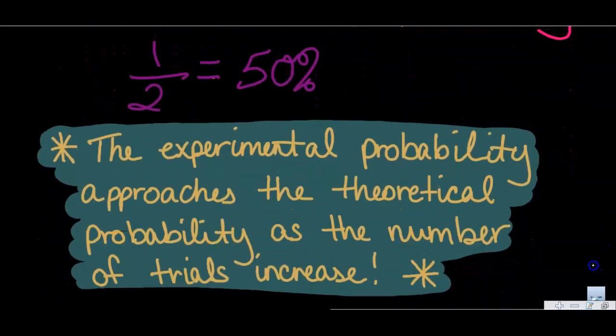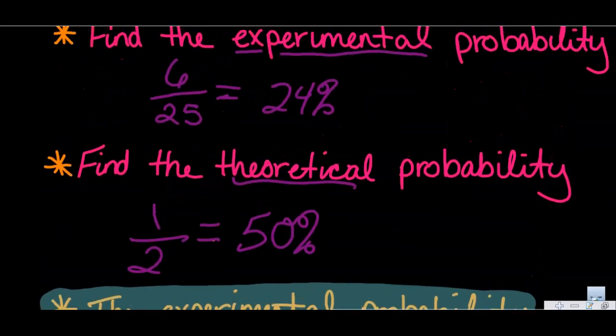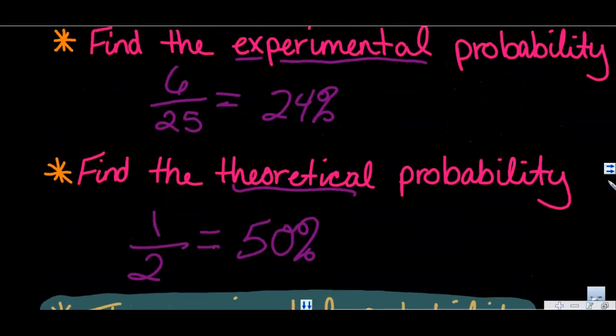Ideally, the experimental probability will start to approach the theoretical probability as we do more trials. So right now, the experimental probability is almost half of the theoretical. But if we were to flip those coins more, we would see that experimental probability increase, closer to the theoretical probability.